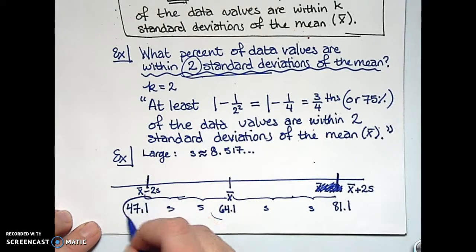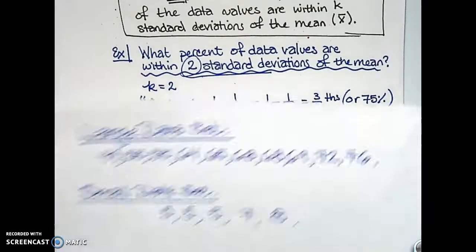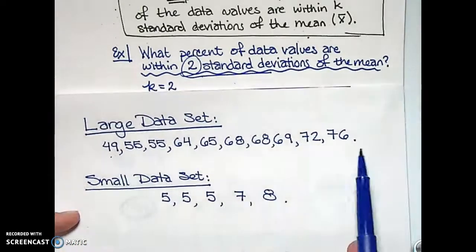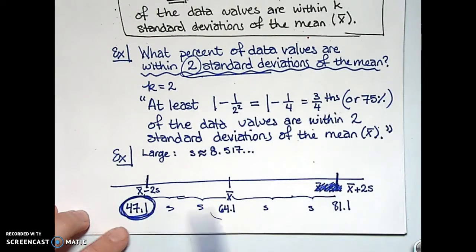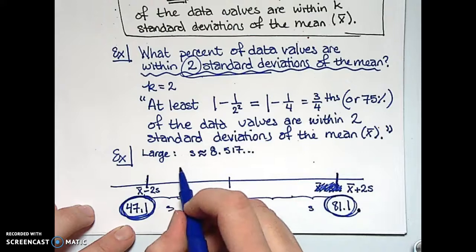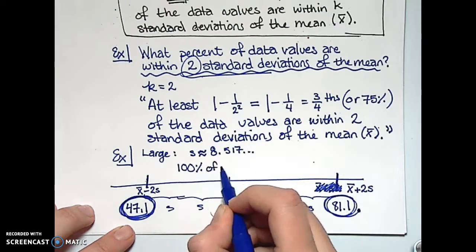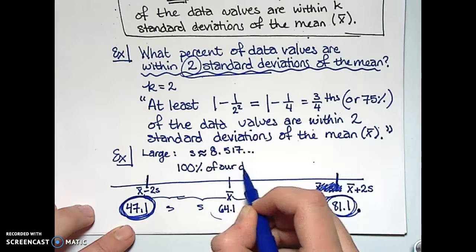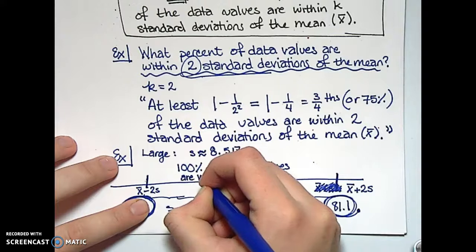So the question that we ask ourselves is, from our large data set, remember the values range from 49 up through 76, how many of them fall in the interval from 47.1 up through 81.1? Well, all of them do. So 100% of our data values are within 2 standard deviations of the mean.